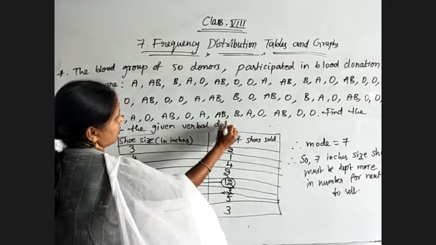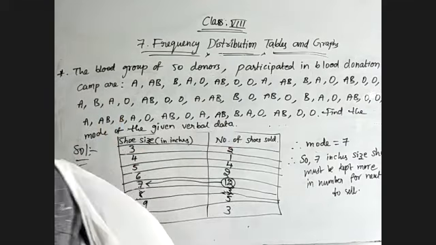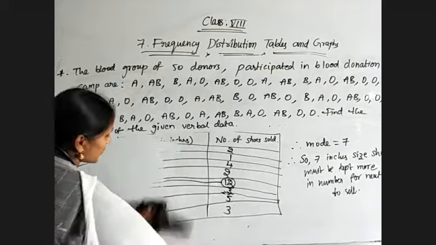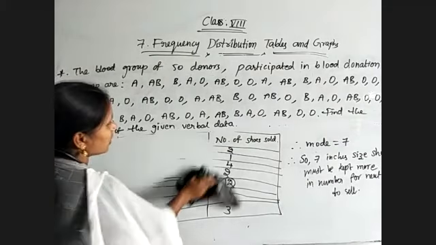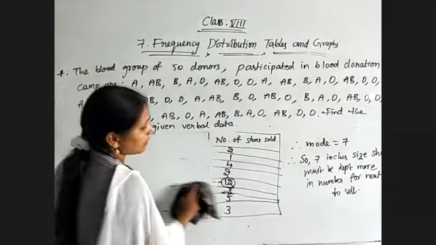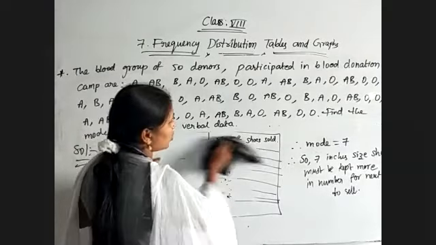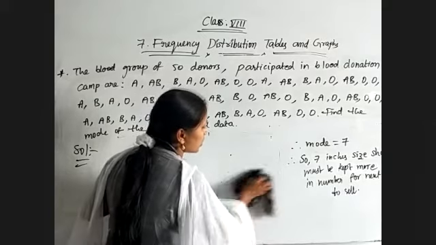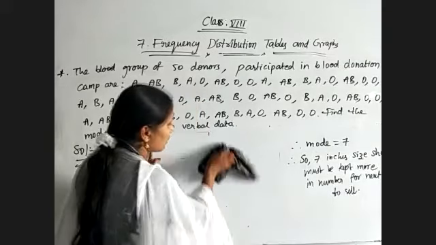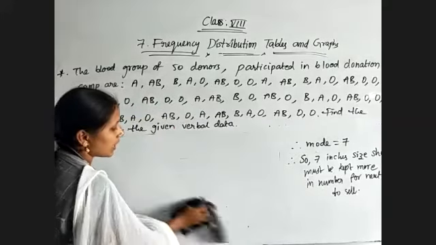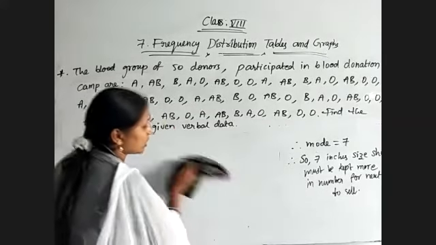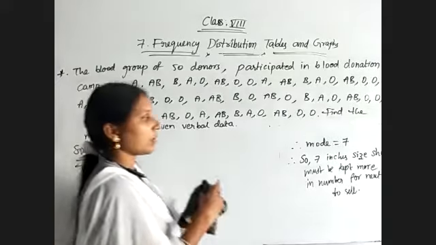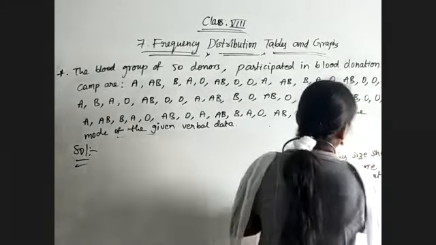Okay, observe the given question. It is given depending on the blood groups of those who donated blood in the blood donation camp. For that we need to find out the mode. So observe the question: find the mode of the given verbal data. Here the data is given in words, the blood groups of donors, those are not numbers.